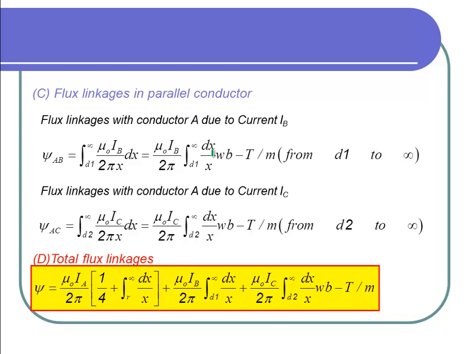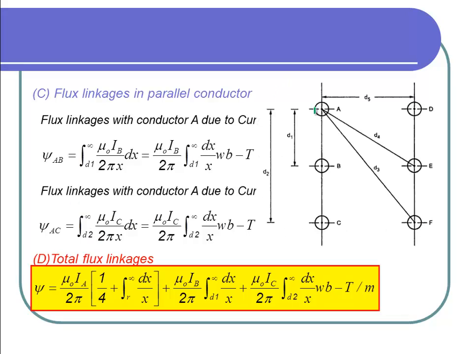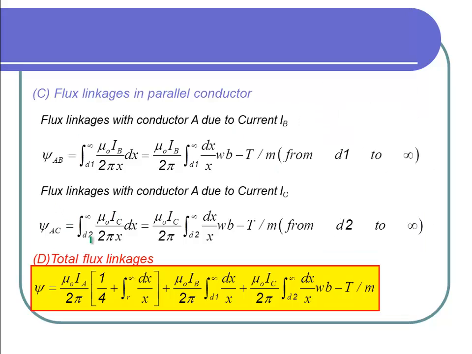In the same way, for the magnetic flux linkage with conductor A because of current IC, psi AC equals integral D2 to infinity, where the distance from A to C is D2, of mu naught IC by 2 pi x dx, and again we get the same form of equation.